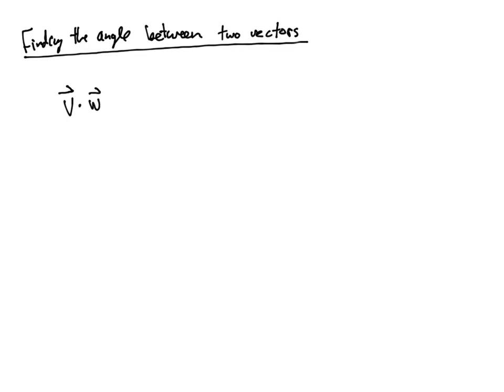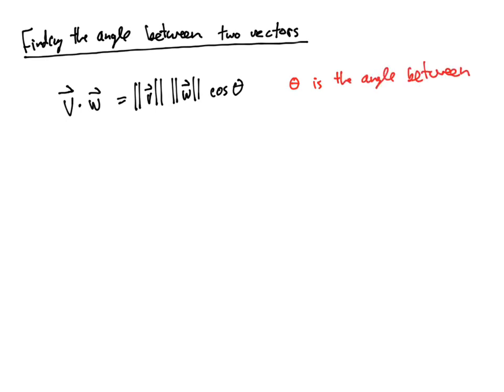So v dotted with w, if we have vector v, vector w, what we'd say is the magnitude of vector v multiplied by the magnitude of vector w multiplied by cosine of the angle in between the two vectors. So theta is the angle between vector v and w.